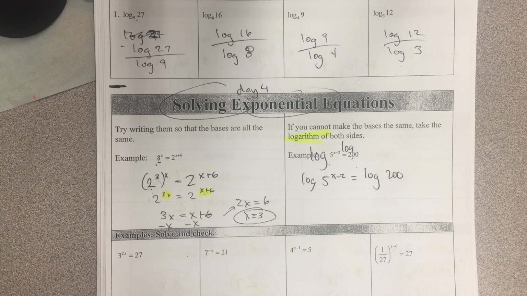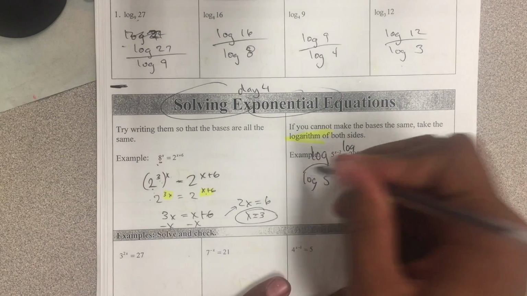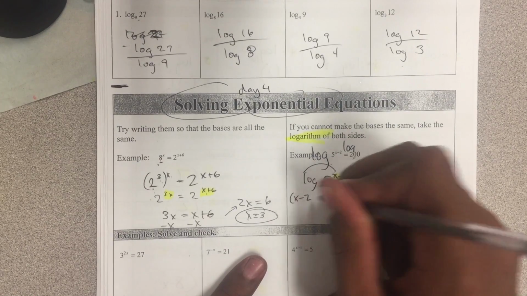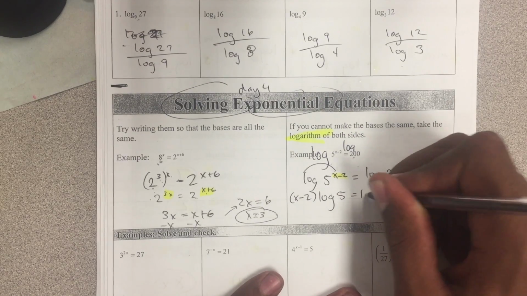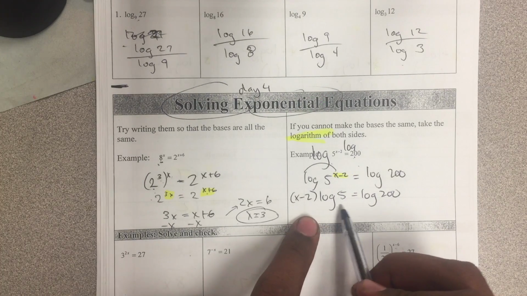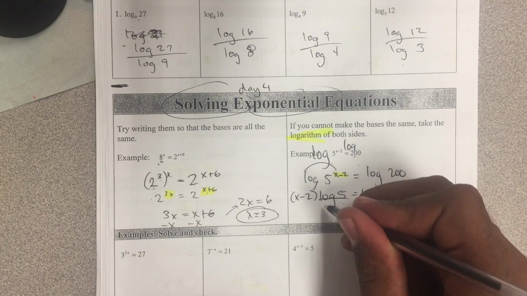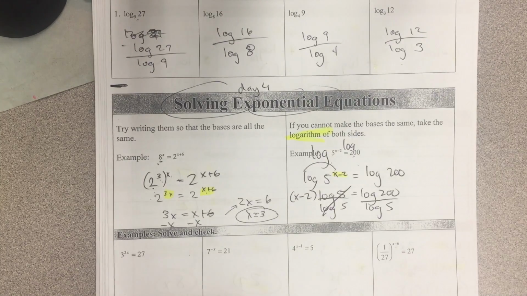So we want to use the properties that we know. First of all, I've got x minus 2 here, so I can use the power property and bring that right to the front. So now it's x minus 2 times log 5 is equal to log 200. Now, I want to isolate x. So let's get rid of this log 5 by dividing it from both sides. That cancels out the log.